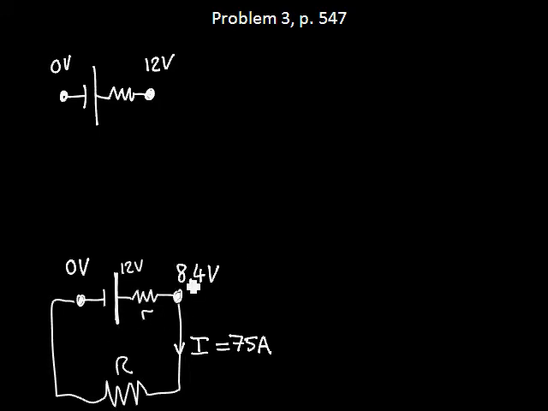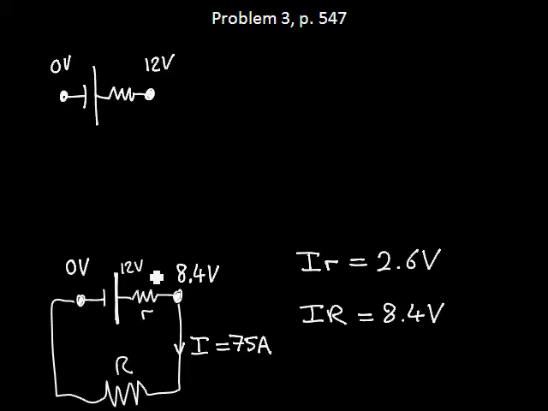So the current of 75 amps times the internal resistance is the potential drop across the internal resistance, 3.6 volts. And similarly, the voltage drop across the load, the starter motor, is the current times the resistance, and that's this 8.4 volts. The two add up to 12 volts, which they should.